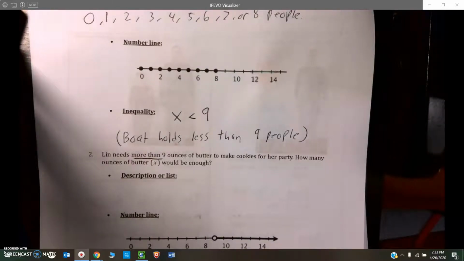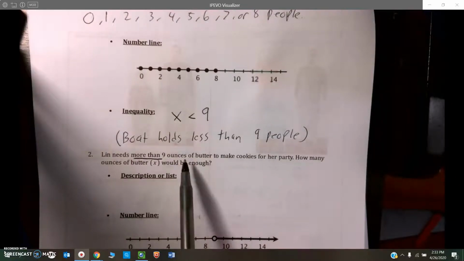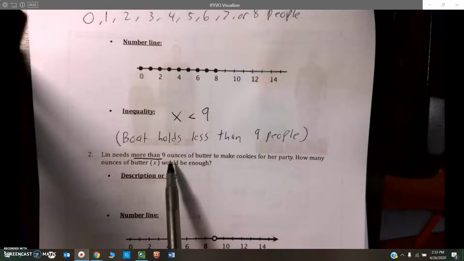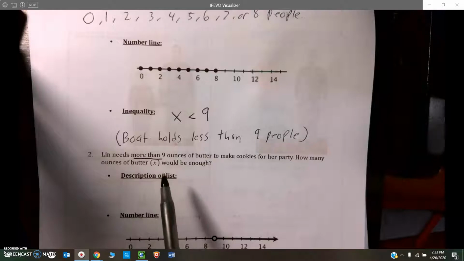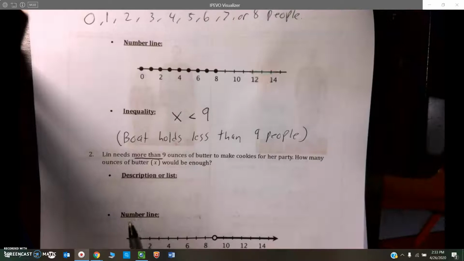So, I'm actually not going to do the same thing here, and here's why. She needs more than 9 ounces. When we're talking about weights of ingredients, it's a little bit different than people. Because can't we have 9.5 ounces or 9 75/100ths of an ounce?